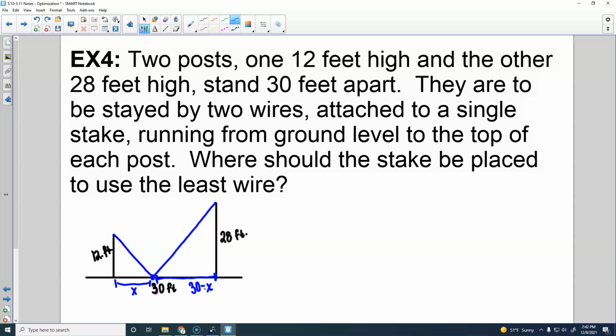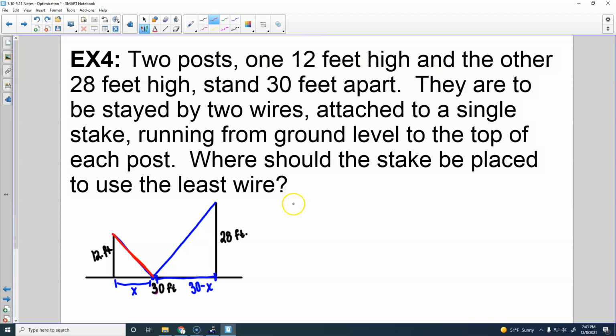Because the distance between the poles is 30. So if this part's x, this is 30, take away whatever that distance was. So 30 minus x.